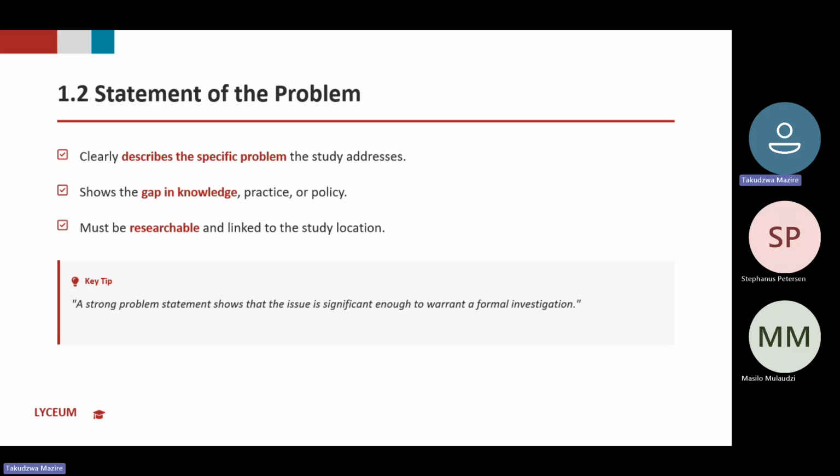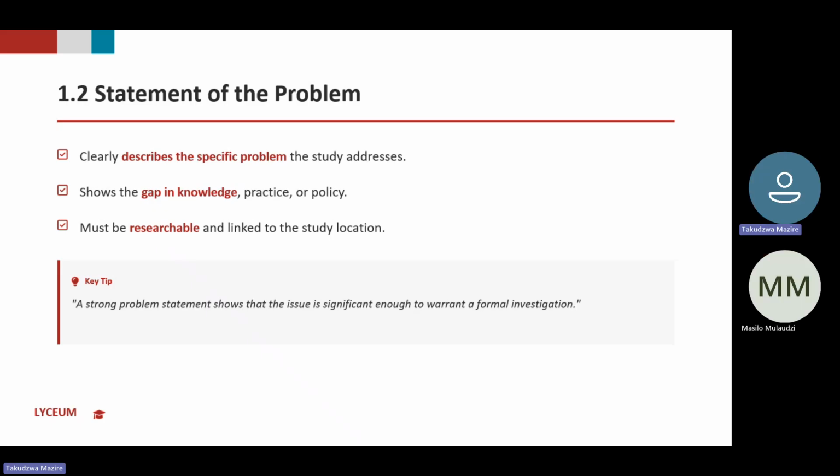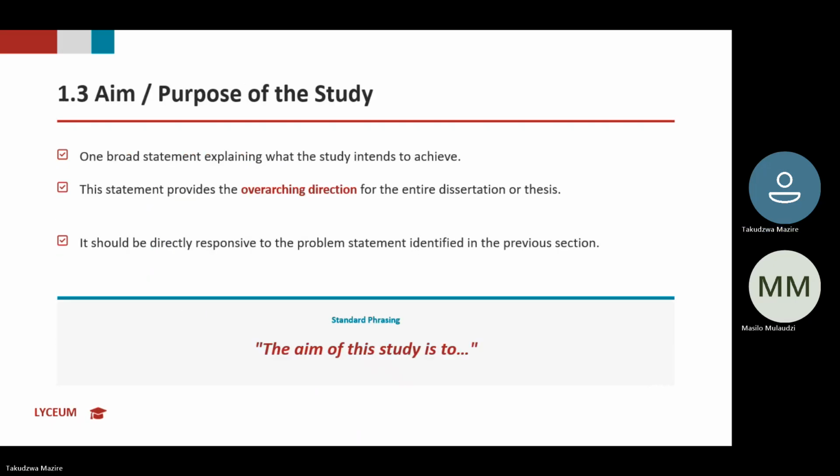Once you have identified the problem, you need to now define what you aim to achieve with investigating or researching that problem. Right. It now brings us to the next subsection, the aim or the purpose of the study.